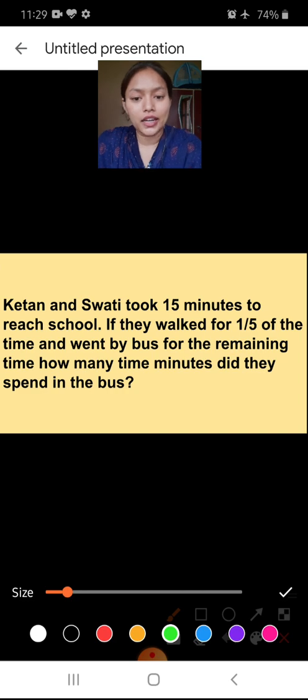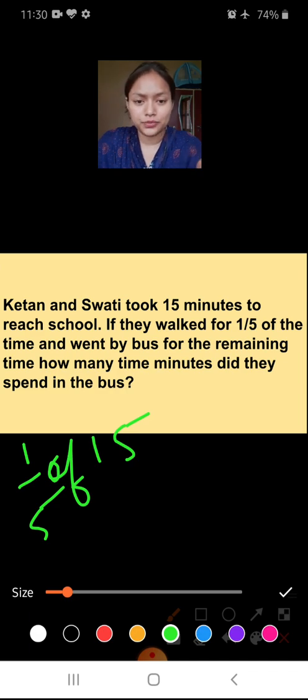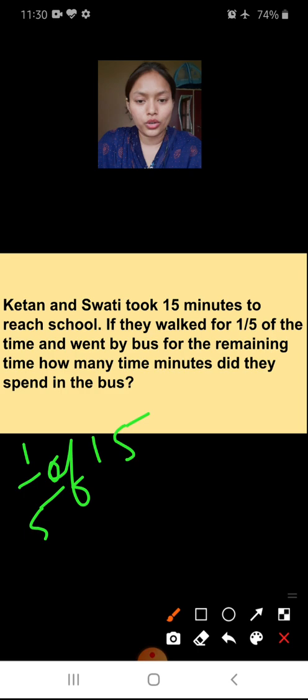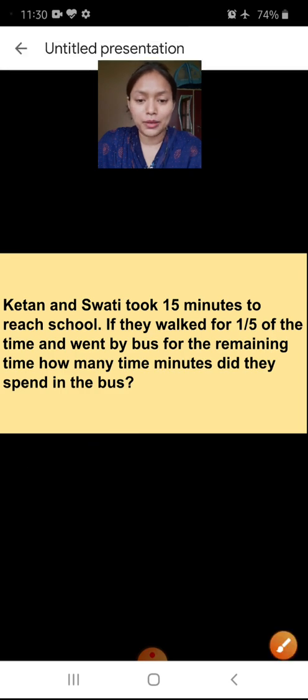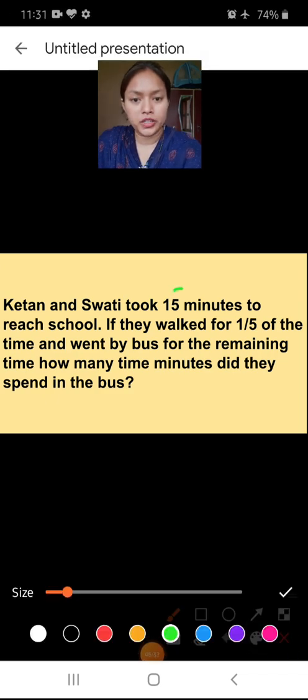It is said that they take a total of 50 minutes, and for 1 upon 5 of that time they are just walking, and for the remaining time they are traveling by bus. So you have to find how much time they are traveling by bus. It is 50 minutes, not 15 minutes.